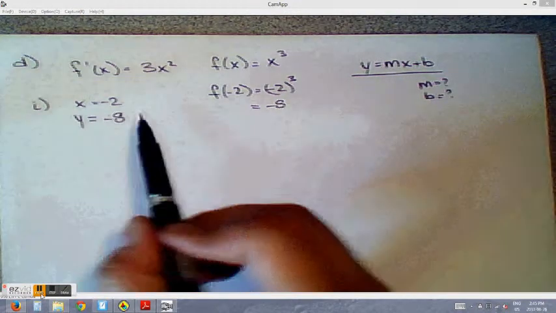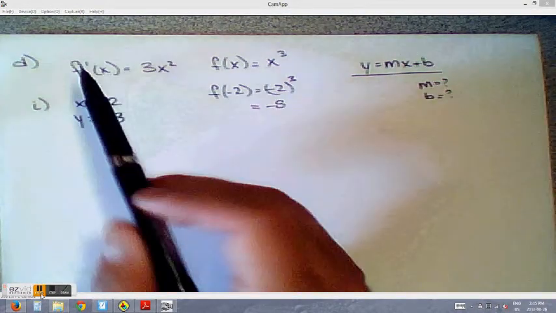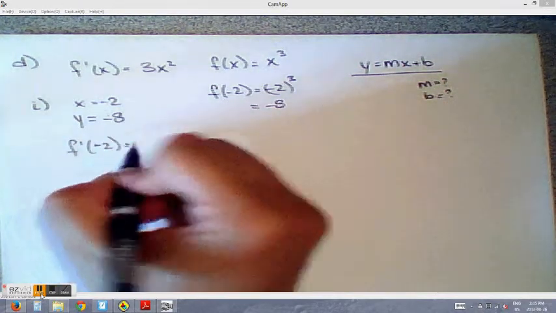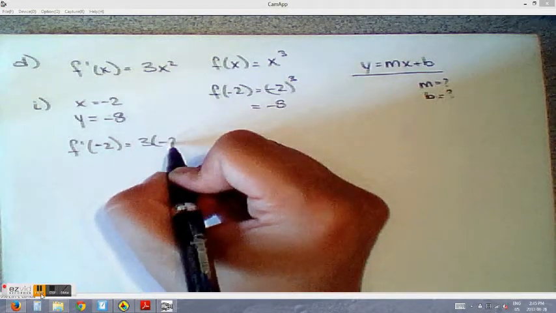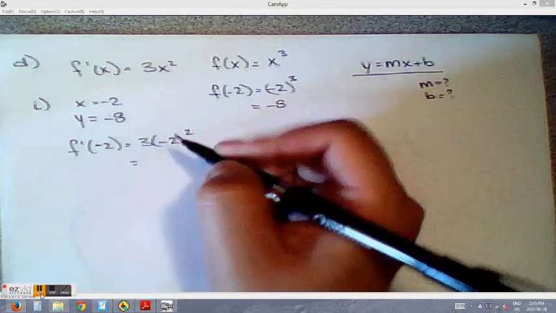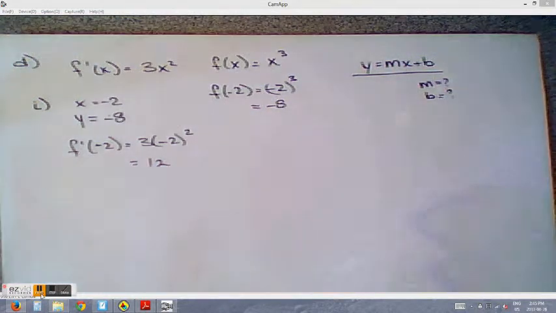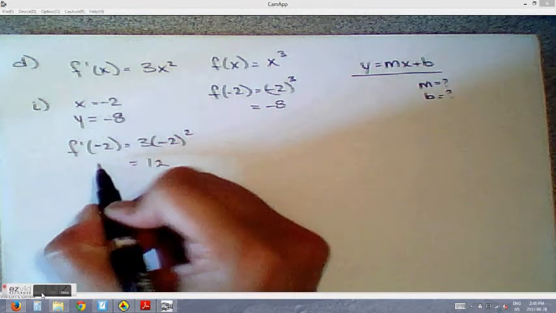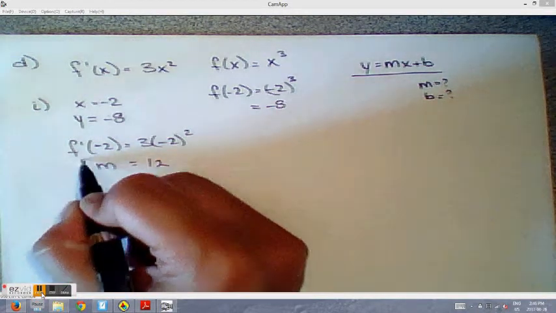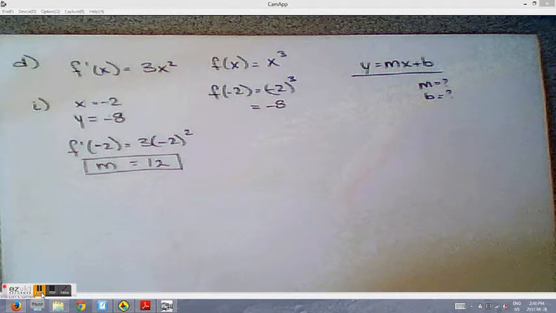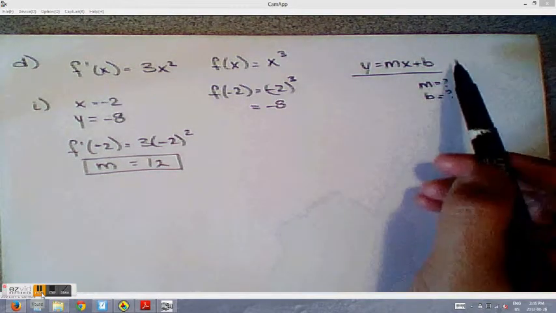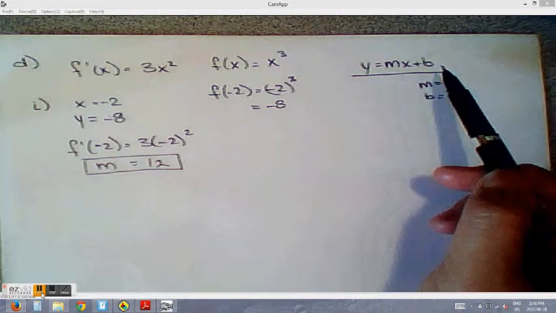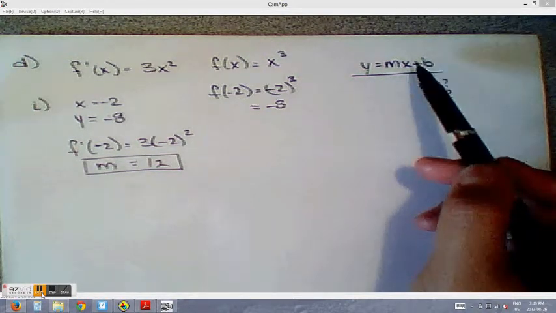Now I need to find my slope. We said that f'(-2), and we've done this part already, is equal to 12. At least I'm pretty sure we said that. So that is the slope when x is equal to -2. Let's go back to our equation of a line. We have everything we need except for b. So let's find b.